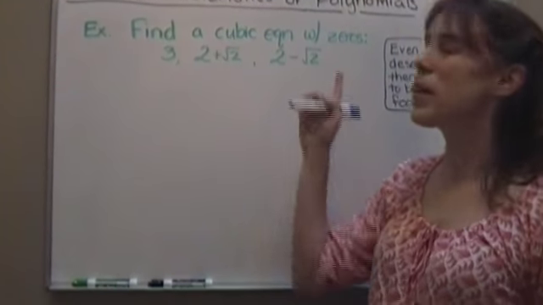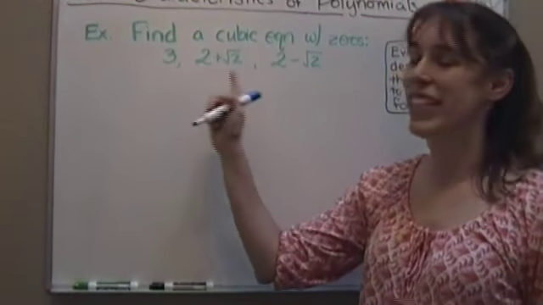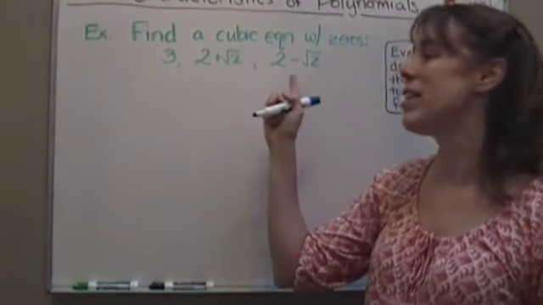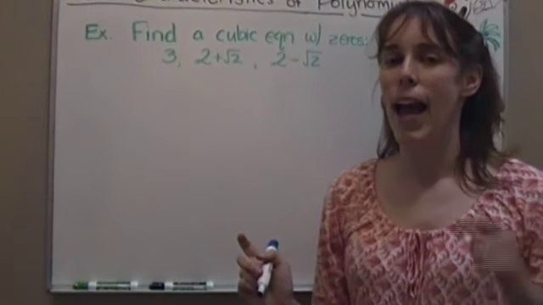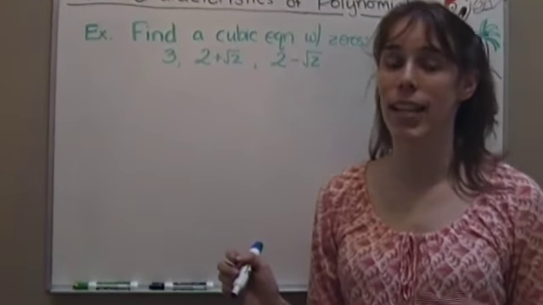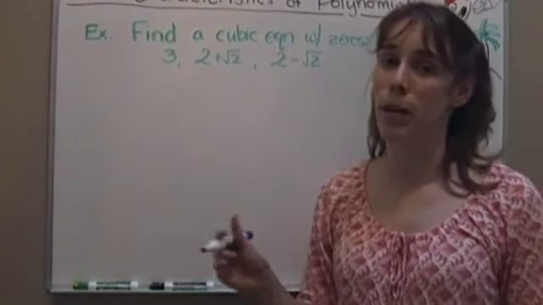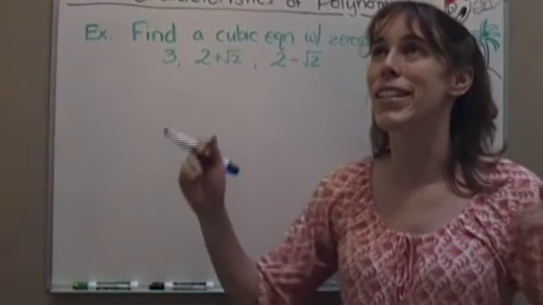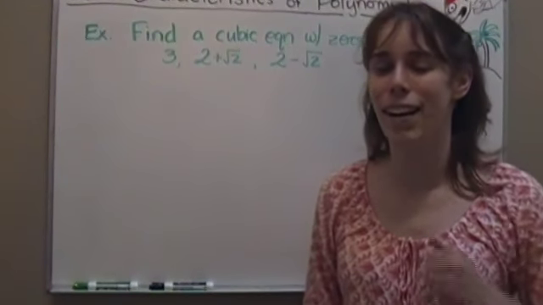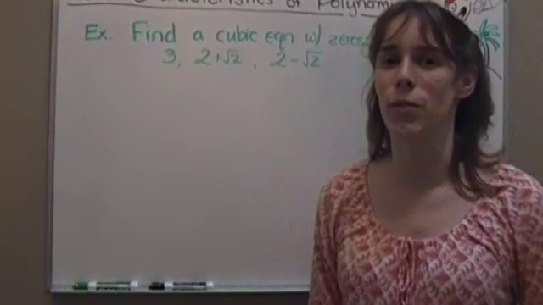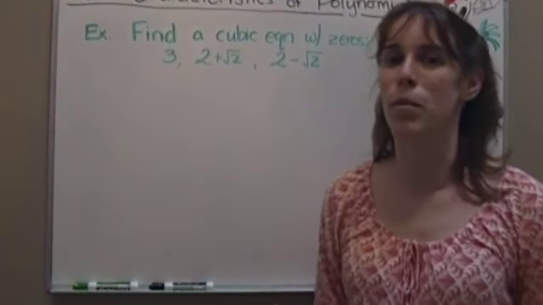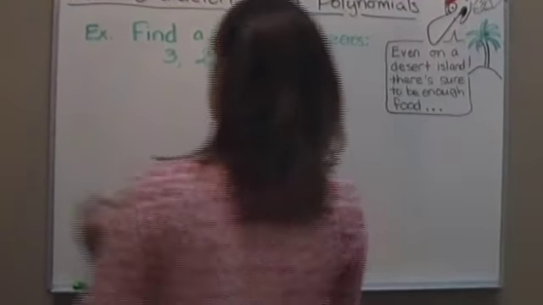We're going to find a cubic equation with the zeros 3, 2 plus root 2, and 2 minus root 2. And the hidden direction is in here that I don't just want factored form, you have to put it into standard form, which is absolutely a pain. I understand you can suffer with the generations that have come before you. So, here we go.